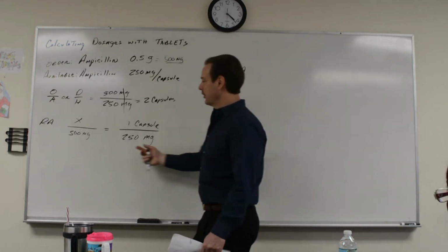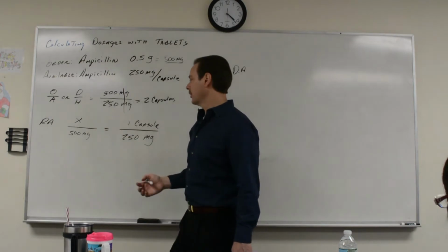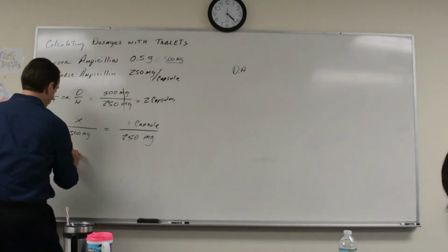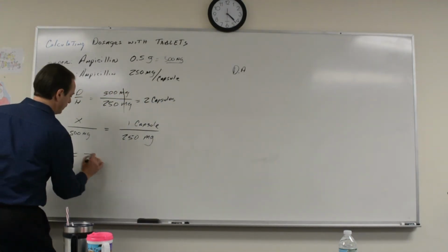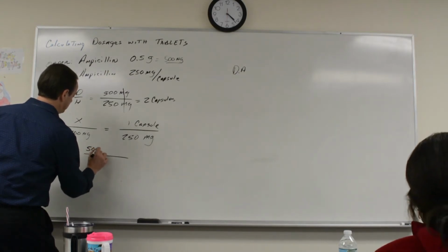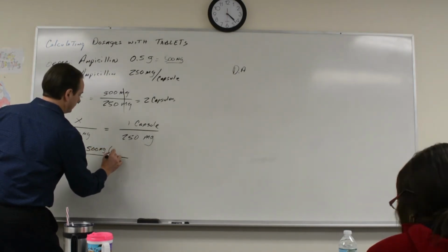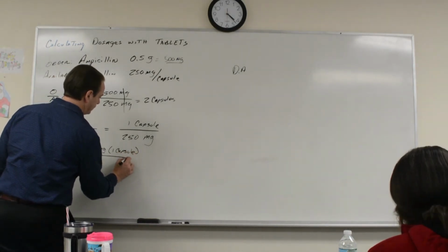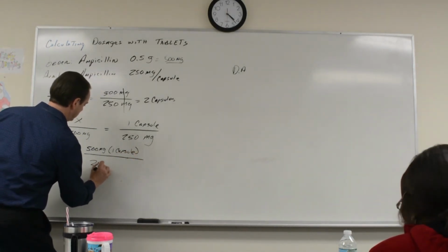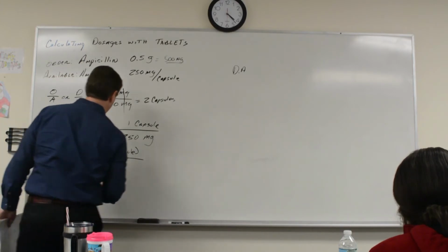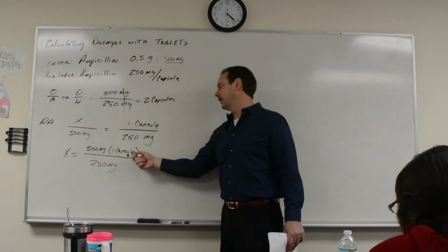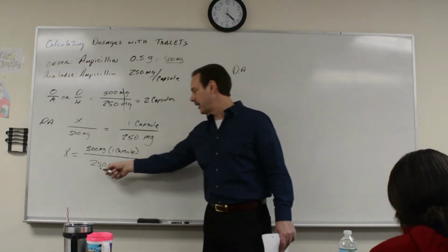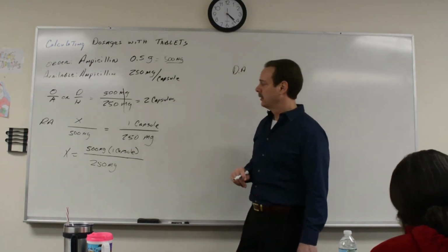All we have to do to solve this is move this up into our numerator, so x equals 500 milligrams times 1 capsule divided by 250 milligrams.